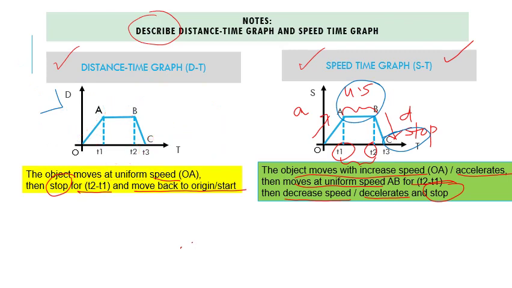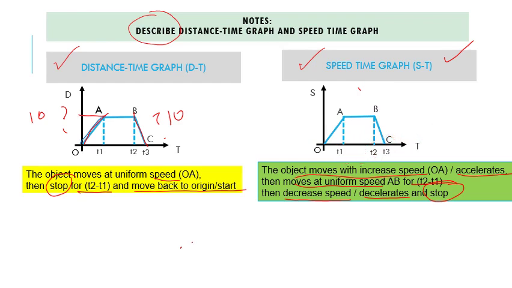okay, we go back here. The distance, you just find what the distance is here, and then you plus the distance here. It will be the same. If this one is 10 km, this one also 10 km. But for the speed time graph, you can find the distance, but you have to find the area under the graph, depending on which area you are asked to find.